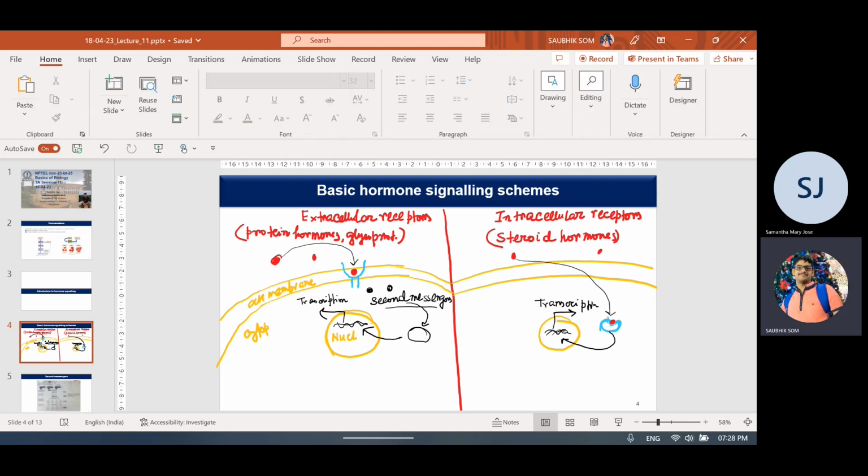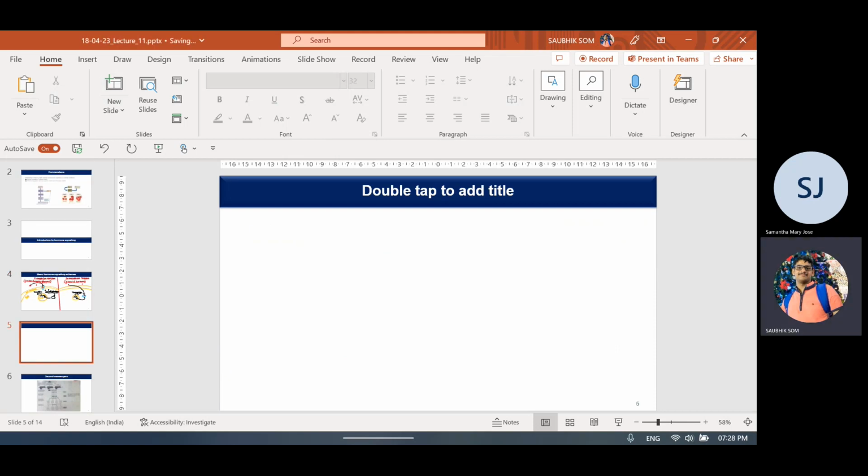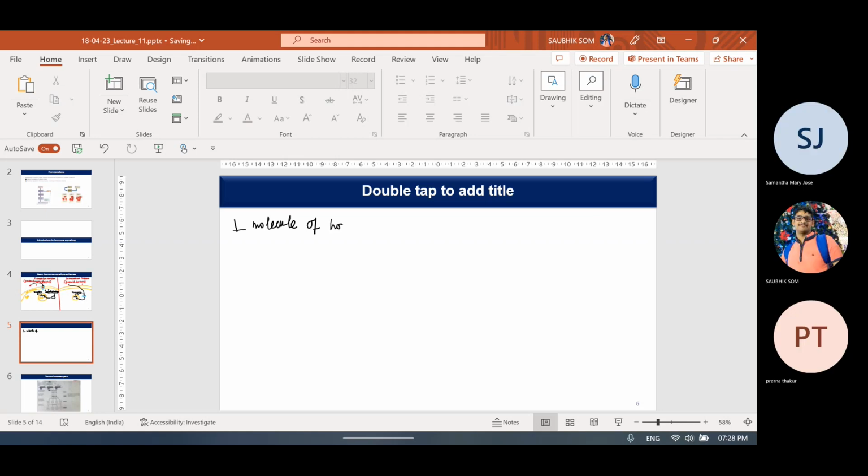Now, if you think of second messenger systems, for example, if one molecule of hormone can bind to one receptor, and if that receptor goes and binds to do transcription, there is always a 1 to 1 ratio.